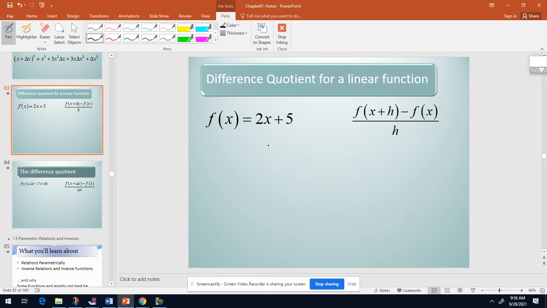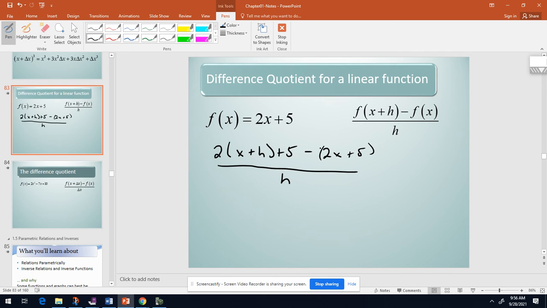So anywhere that there is, if f of x is 2x plus 5, I'm going to write this as 2 parentheses x plus h, plus 5. This is this part right here. Now I'm going to subtract f of x, which is 2x plus 5, and I'm going to put that all over h.